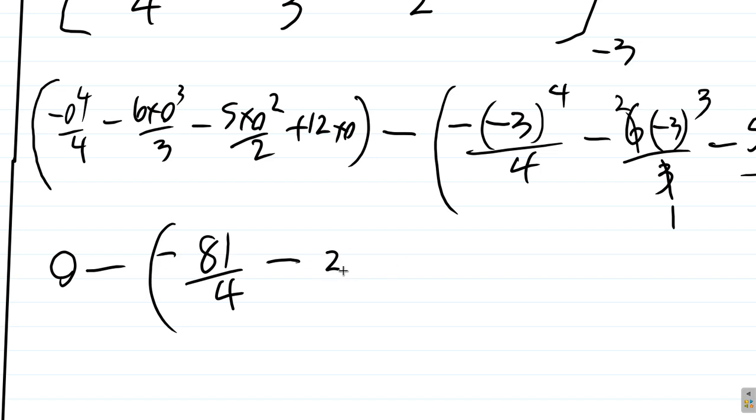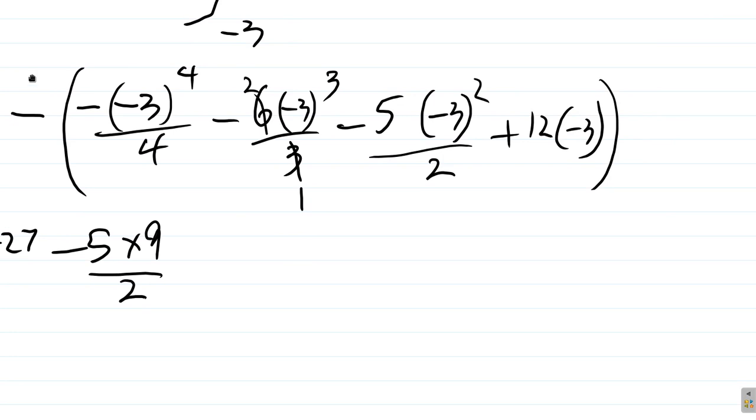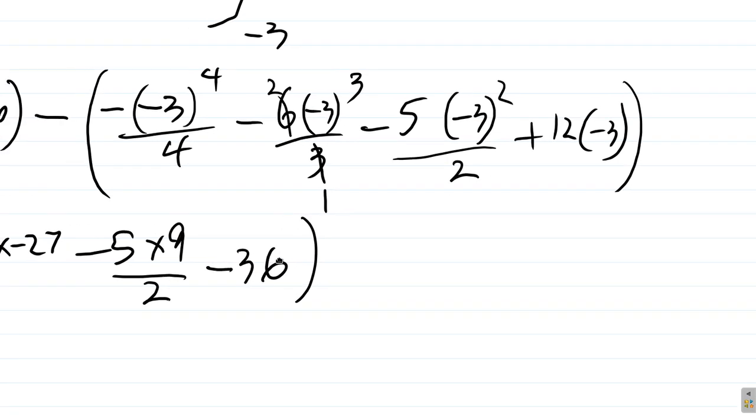So it's minus 2 times negative 27. We'll fix that up later. Minus 5 times, negative 3 squared is positive 9, so minus 5 times 9 over 2. 12 times negative 3 is negative 36, so minus 36.